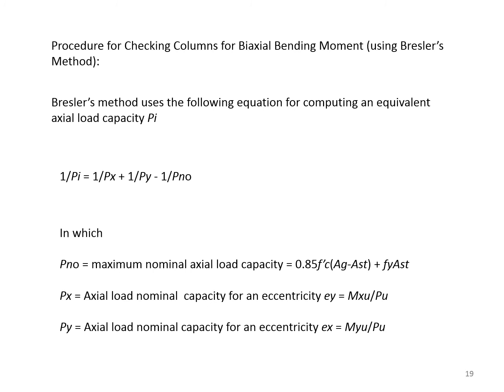Px is the axial load nominal capacity for an eccentricity Ey, which is equal to Mxu divided by Pu. In other words, Ex is 0. And Py is the axial load nominal capacity for an eccentricity Ex, which is Myu divided by Pu. In other words, Ey is equal to 0.